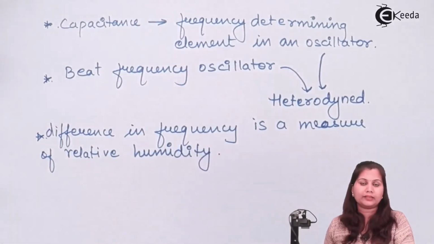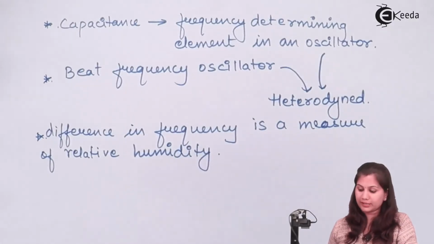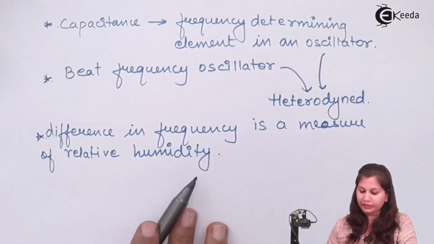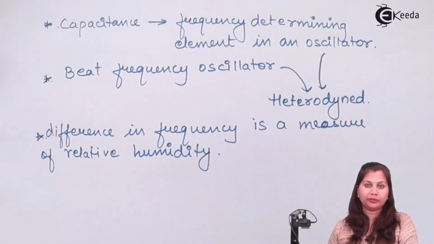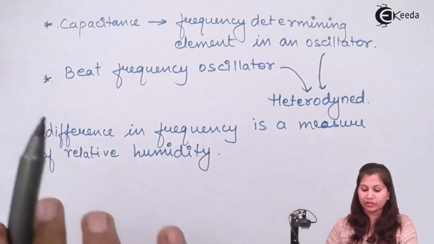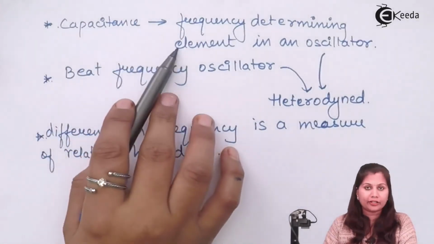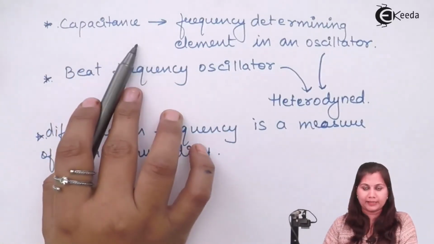So this is how in the capacitive hygrometers, the changes in the relative humidity are measured by measuring the change in the dielectric constant or change in the capacitance.